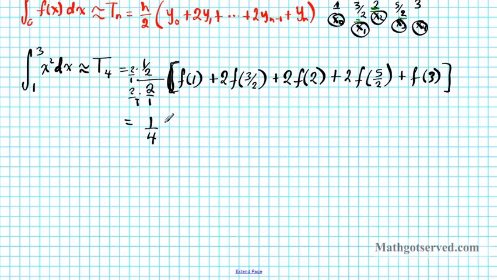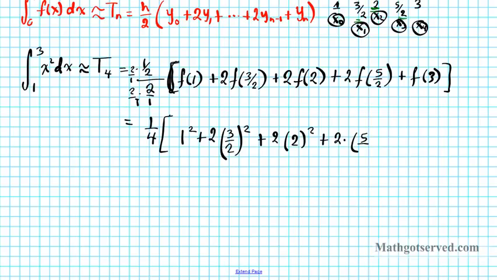Remember, I'm showing you all the intermediate steps so that we do not get confused. f of 1 is going to be 1 squared plus 2 f of 3 over 2, which is 3 over 2 squared, plus 2 f of 2, which is 2 squared, plus 2 times f of 5 over 2, which is 5 over 2 squared, plus f of 3, you do not double that, so just 3 squared.